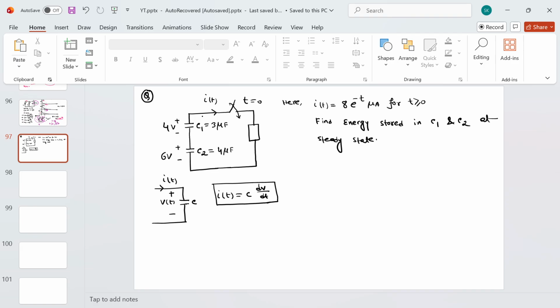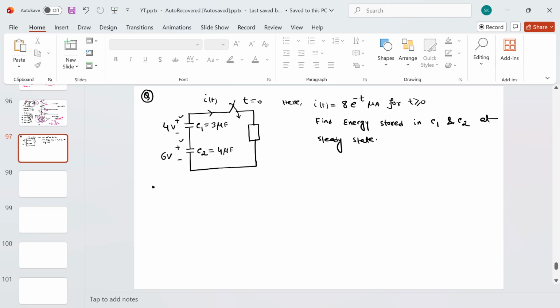Now here, you can see the direction of the current is simply leaving the positive terminal for both the capacitors. So if I want to write the operating equation of the capacitor, I need to provide one minus sign. If I'm assuming the current is leaving, I need to provide one minus sign here, right? So the same thing we will do here.